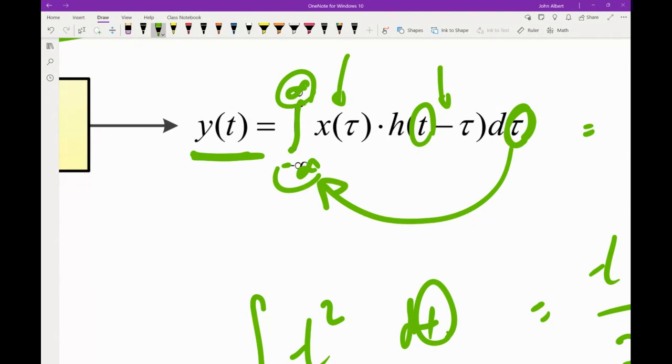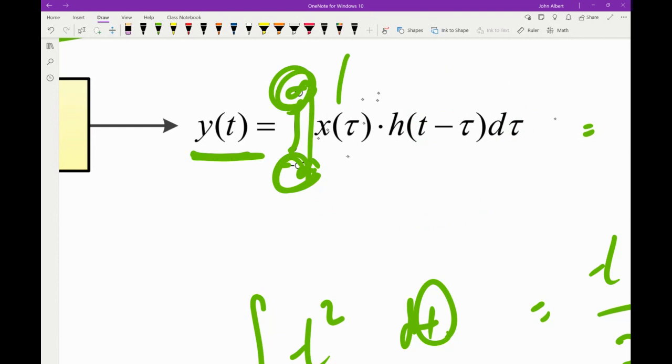If I give you a multiple choice question and the answer y of t was equal to t minus 3 tau, is this possible? Wrong, it cannot be. If it's equal to a constant 7, it's possible. If it's equal to t cubed, it's possible. But it cannot have tau in the output, because I'm integrating with respect to tau and I have limits, so the limits will be substituted for tau after I do the integration. So tau will disappear.